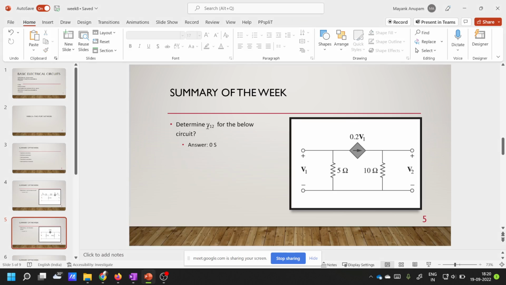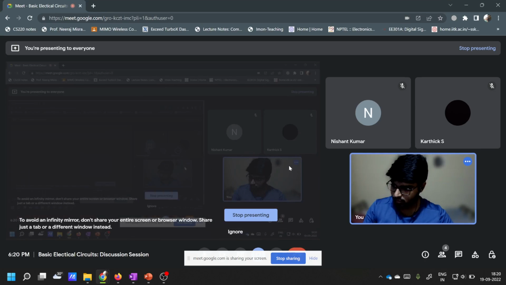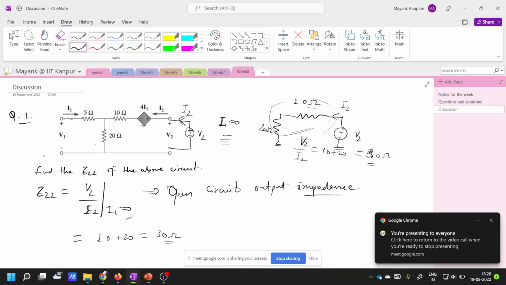Okay. So here in this question you have to find Y12, the Y parameter, and more specifically which Y parameter? Y12. Let's see.